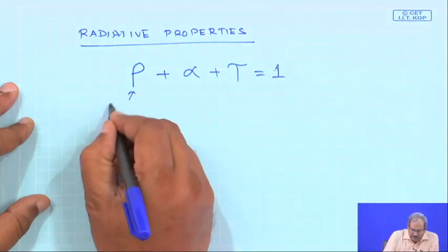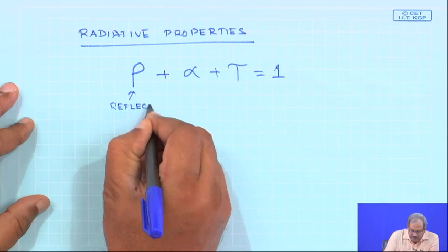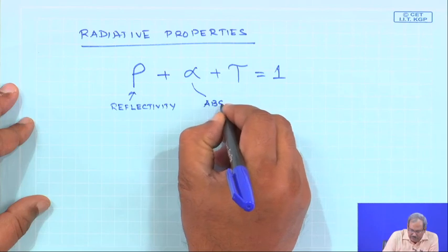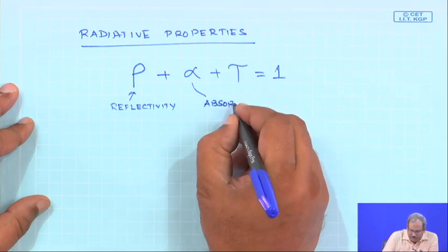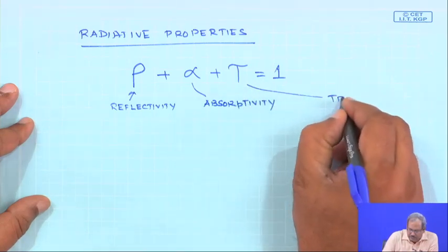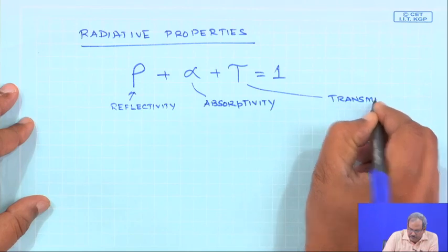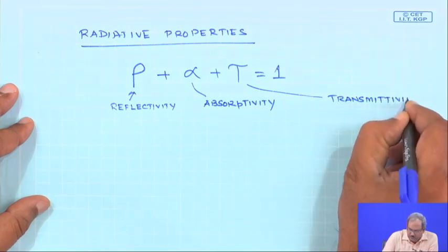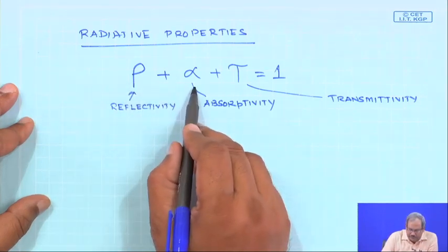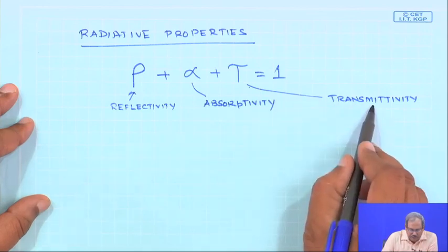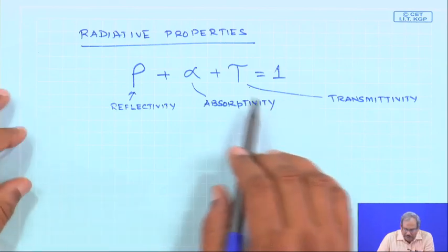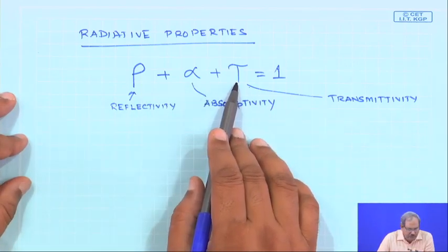So, this is the reflectivity, this is the absorptivity, and this is the transmittivity. So, fraction which gets reflected, fraction which gets absorbed and fraction which gets transmitted. So, that is why the sum of these three would be equal to 1.